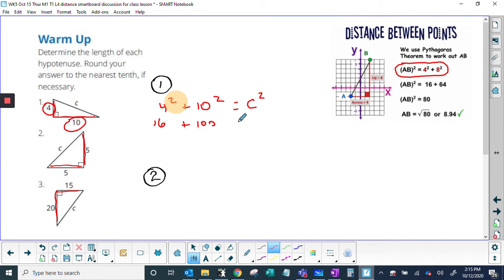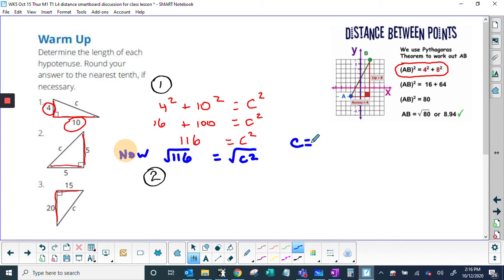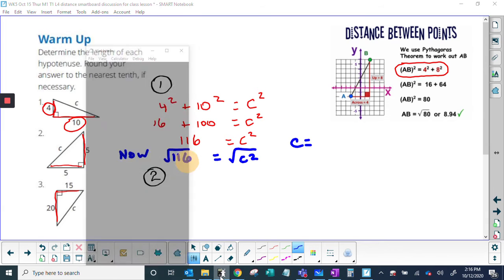And that is equal to the distance we want, squared. Add them together and we get 116 is equal to C squared. Now we take the square root of both sides to undo the C squared. And C is going to equal, grab a calculator here, turn her on, clear it.